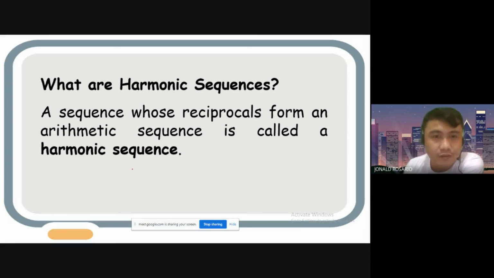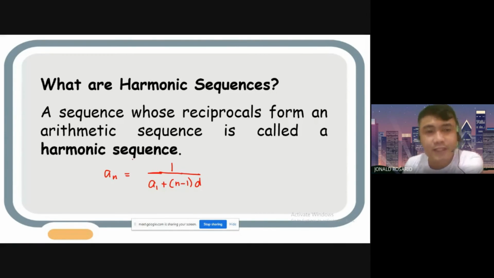And we have a general rule. a sub n is just equal to a sub 1 plus n minus 1 times d.